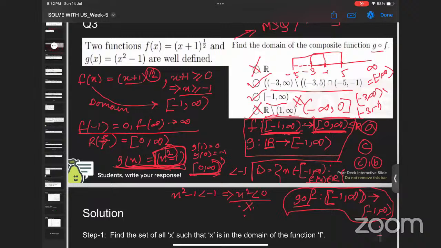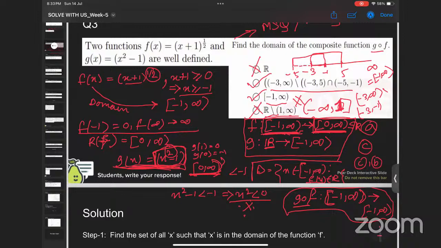Ma'am, I have two doubts. First, why in the fourth option have you written minus infinity to 0? Because we are subtracting 1 to infinity. Oh, sorry, it will be minus 1, 1. Now it's fine, right?